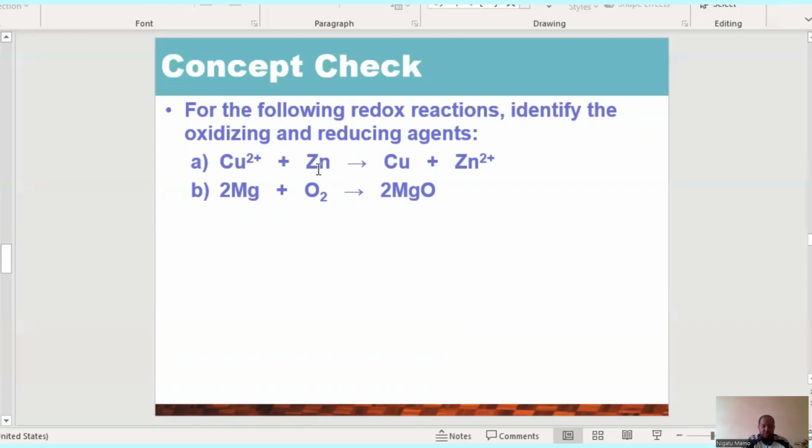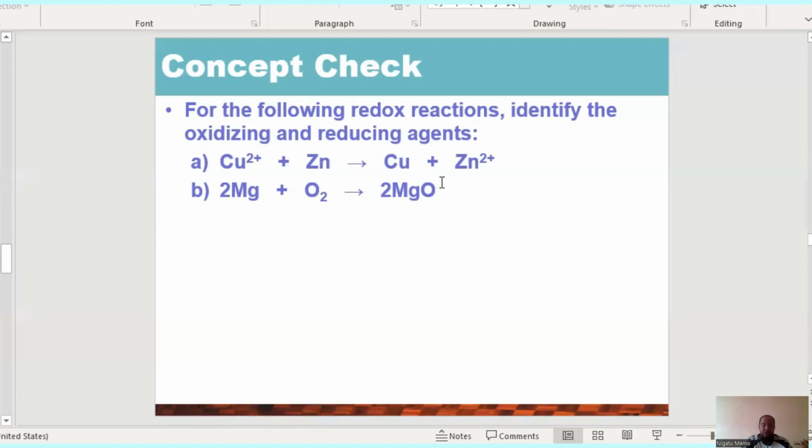zinc metal acts as a reducing agent because it is what? Oxidized. The oxidation state of magnesium changed from 0 to what? Positive 2 in MgO, because magnesium is oxidized, and it acts as a reducing agent because it helps oxygen to be what? Reduced. The oxidation state of oxygen changed from 0 to what? -2.